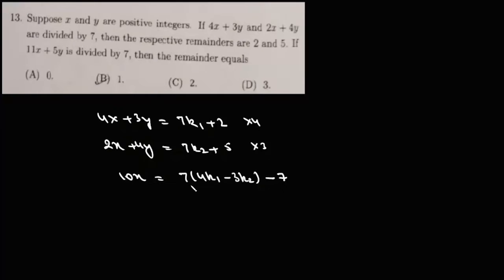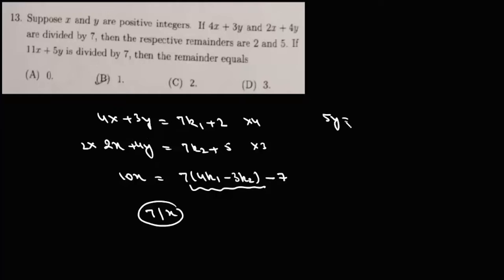Now basically 7 divides this right hand side, that means 7 should also divide 10x. So it clearly means 7 divides x. So x is a multiple of 7. Now we'll find this y modulo 7. So for this we'll multiply it with 2 and then subtract. So we get 8y minus 3y.